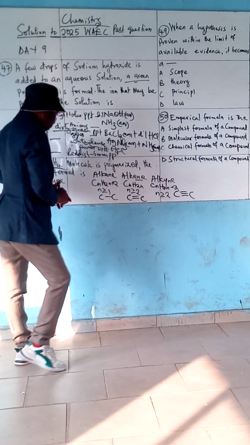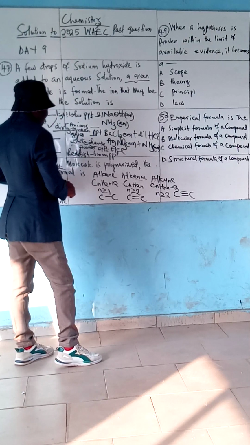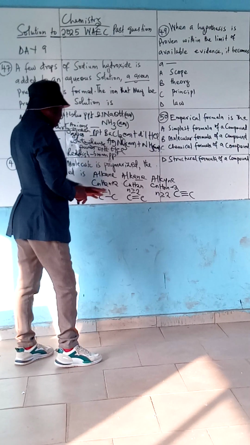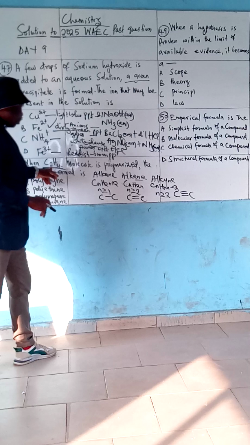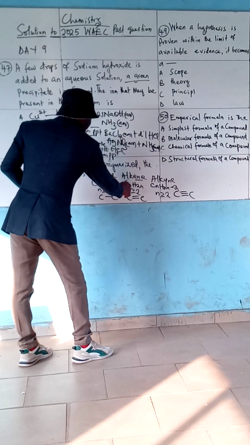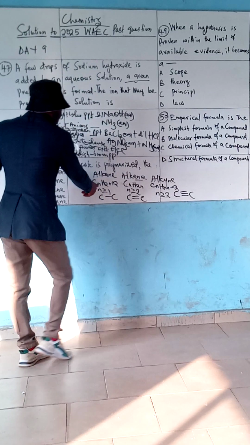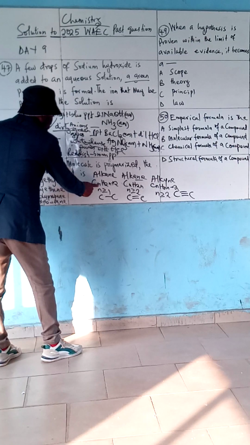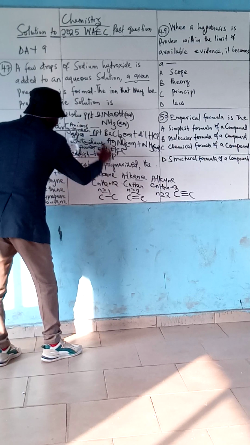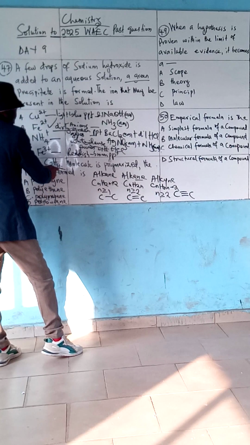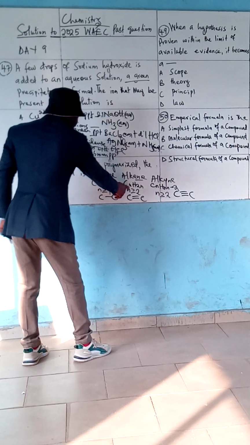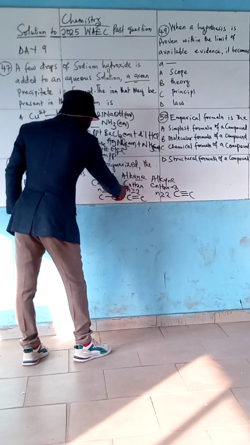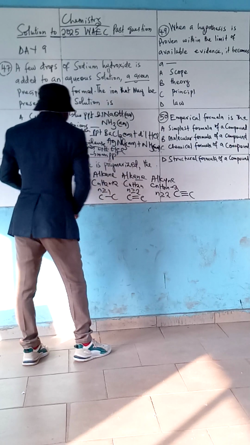Now, to know the series to which this compound C2H4 belongs, of course, if you bring 2 here, this is C2, 2 times 2 is 4, plus 2 will give us 6, but we have H4 here, there is none. So bring 2 here, that is C2, and 2 times 2 is what? 4.